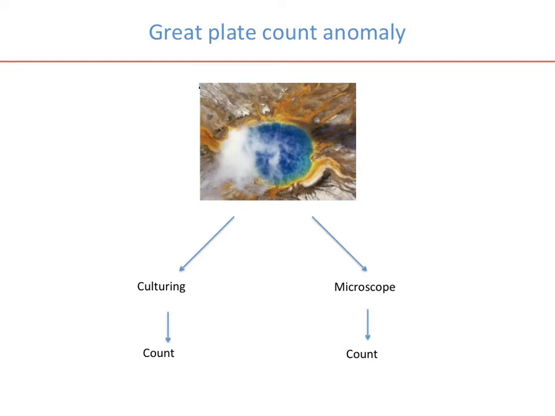However, if they took a sample from that same environment, looked at it under the microscope, and counted the number of cells, what they found is that the number of cells they could count was much greater than the number of cells that they could culture. So there were all of these cells that weren't growing, weren't being cultured, and for a long time those cells were completely inaccessible for study because they didn't have PCR, DNA-based methods for studying these.